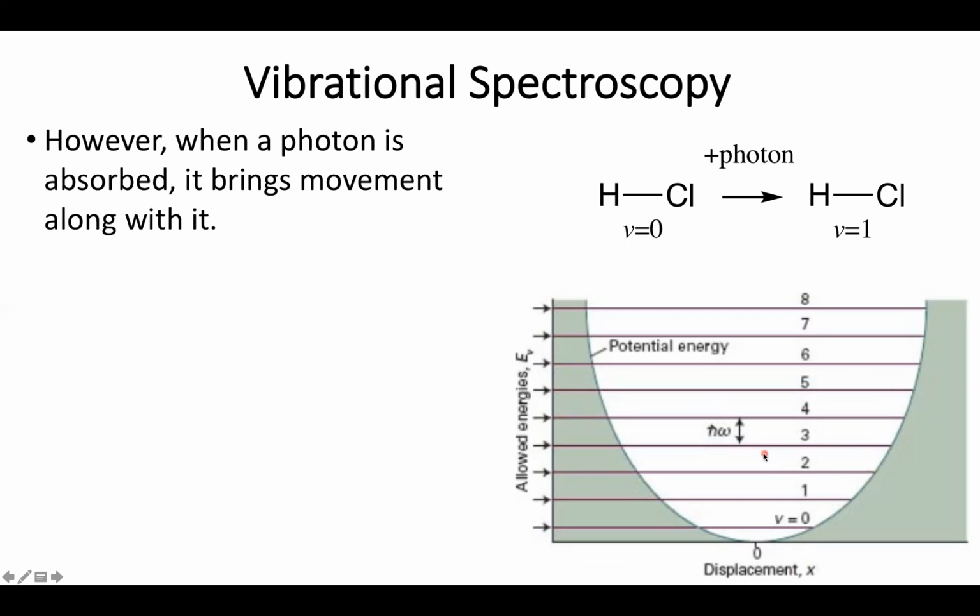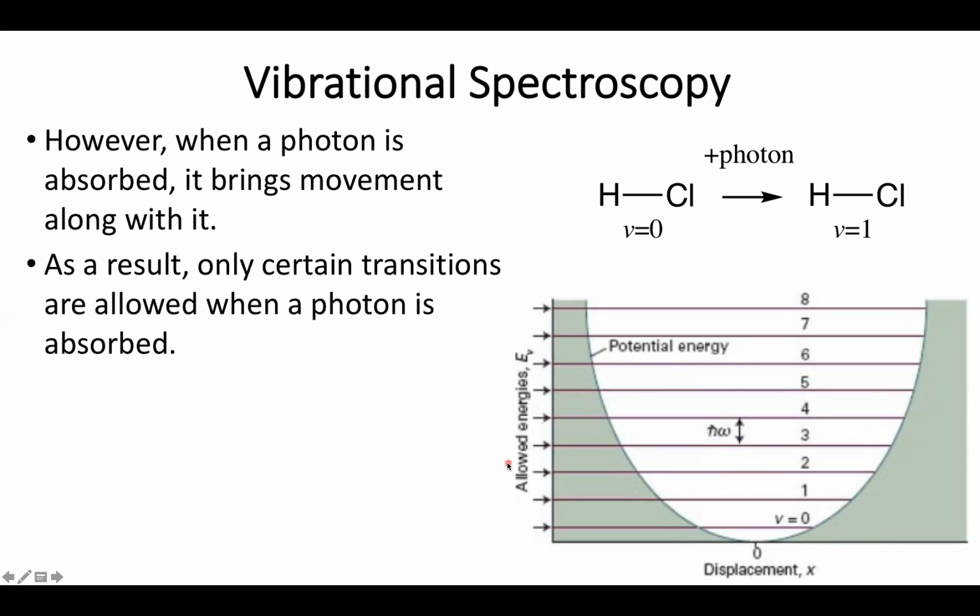And here comes an actual pesky little issue: when a photon is absorbed, it brings along a certain amount of movement with it. So this means that when I absorb a photon, I'm going to have to essentially excite an energy level. But because of the nature of photons and particles, which we'll talk about more later, only certain transitions are going to be allowed.